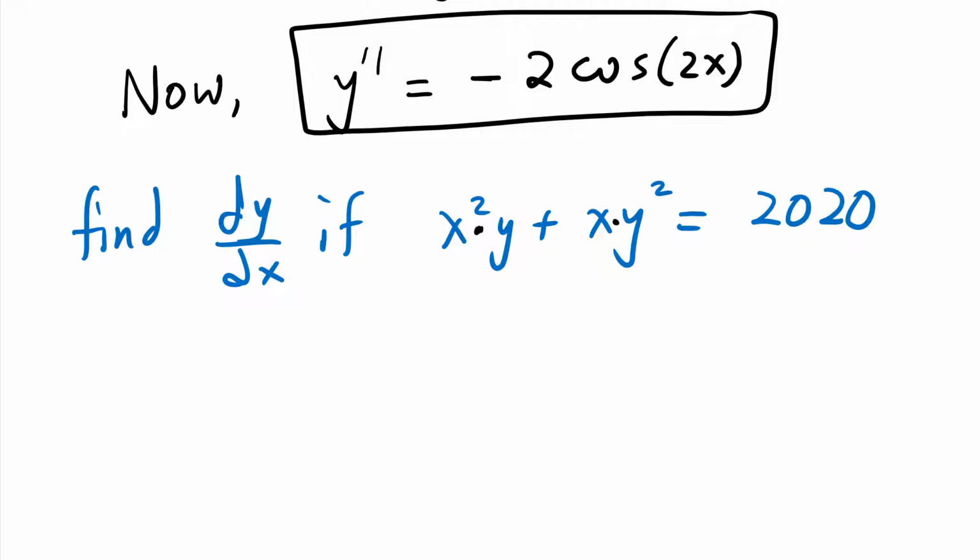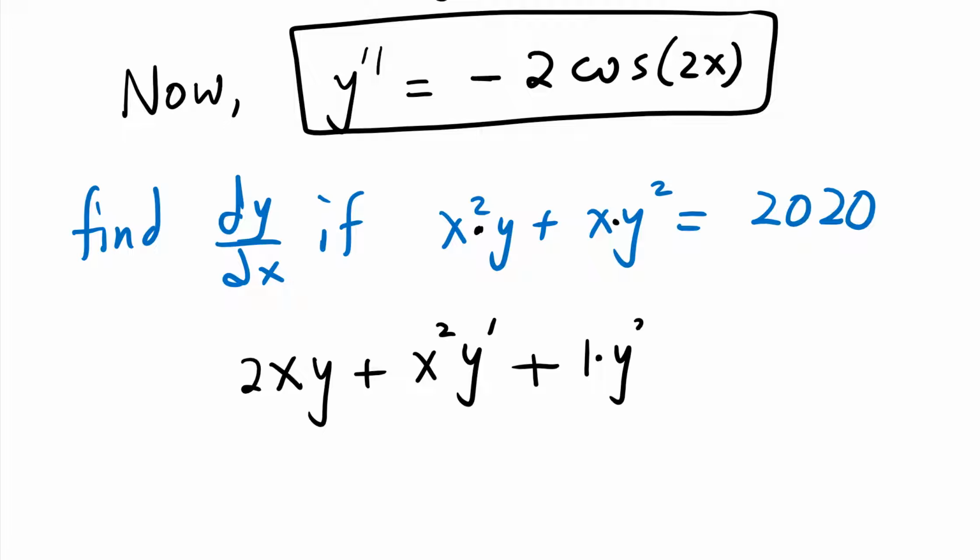The derivative of x squared is 2x times y plus x squared y prime. That's for the first one. Plus derivative of x is 1 times y squared plus x times the derivative of y squared equals 0.